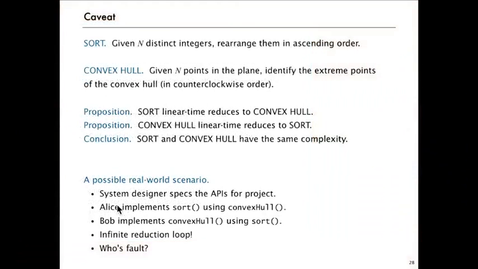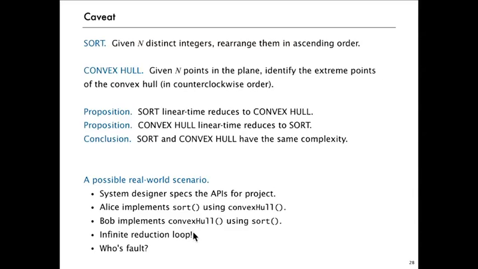And one programmer is charged with the job of implementing sort, and understands that, wow, I could do that using convex hull. I learned this cool trick. And the other one knows the Graham scan and says, okay, I'm going to implement convex hull using sort. And that's in a big system, and that's going to lead to a problem.